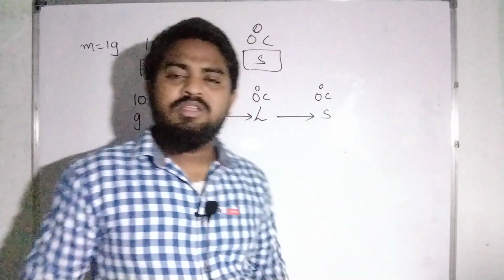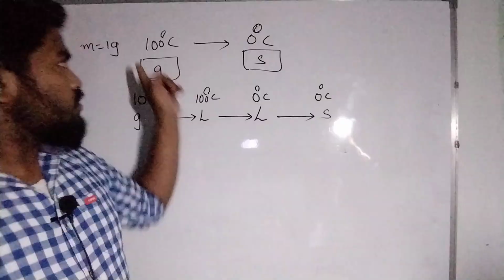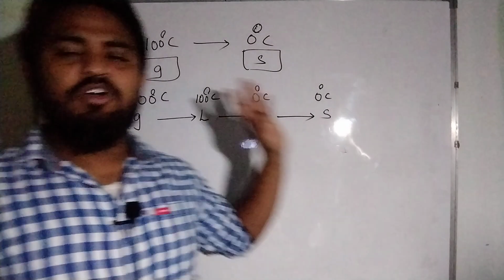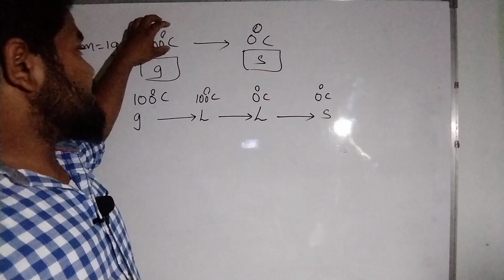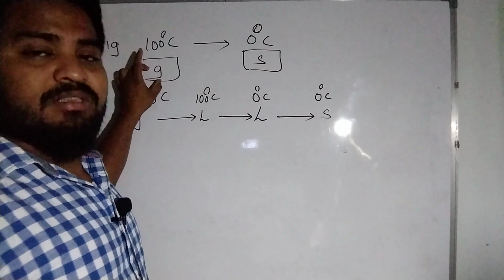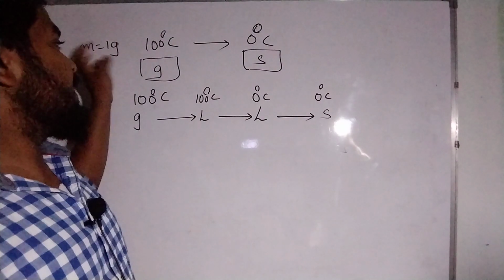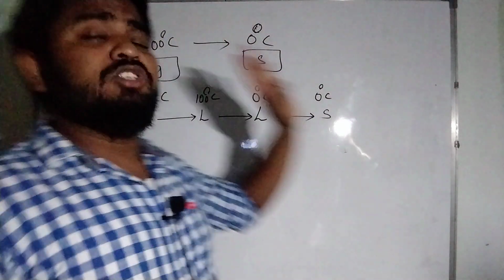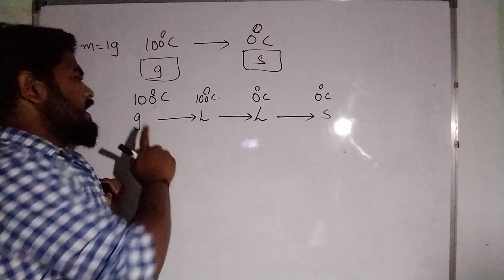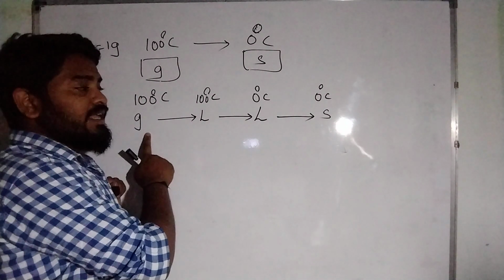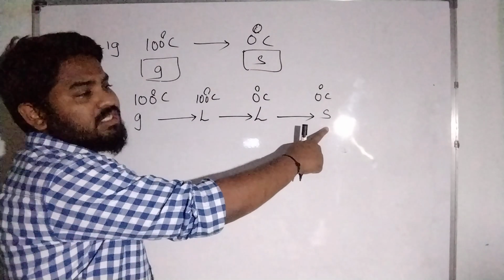This is what the question is asking: how much energy would be released when 1 gram of water vapor at 100 degrees Celsius converts into solid at 0 degrees Celsius.